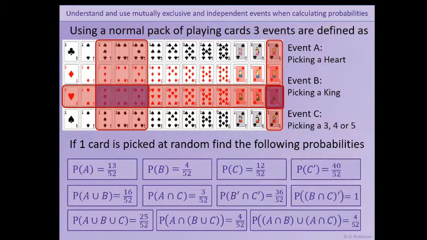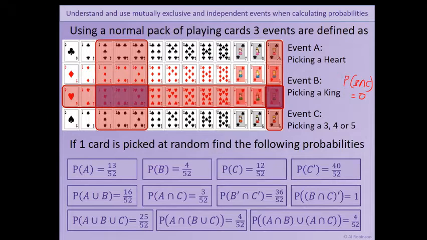Okay, so basically, if you just ignore the complement here and you find the probability of B intersect C, it's 0. It's equal to 0 because you cannot find a king that has a number 3, 4, or 5 on it. In fact, none of them have 3, 4, and 5 on it if they're a king or queen.